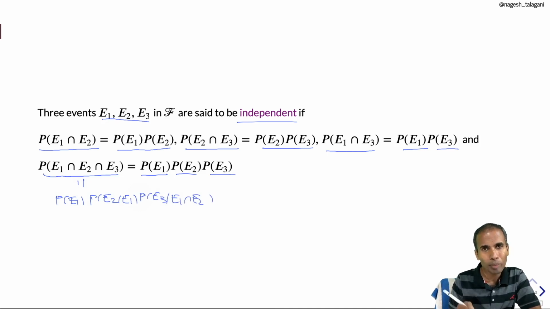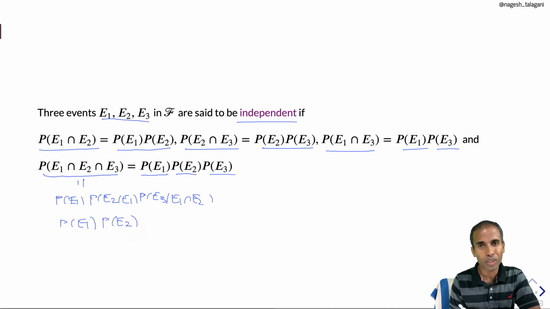But when you believe that E1, E2, E3 are independent, the probability of E1 stays as it is, the probability of E2 given E1 should be the same as probability of E2 if E1, E2 are independent. And next, the probability of E3 given that E1 and E2 happen should be the same as probability of E3 if you believe that E3 is independent of E1 and E2.